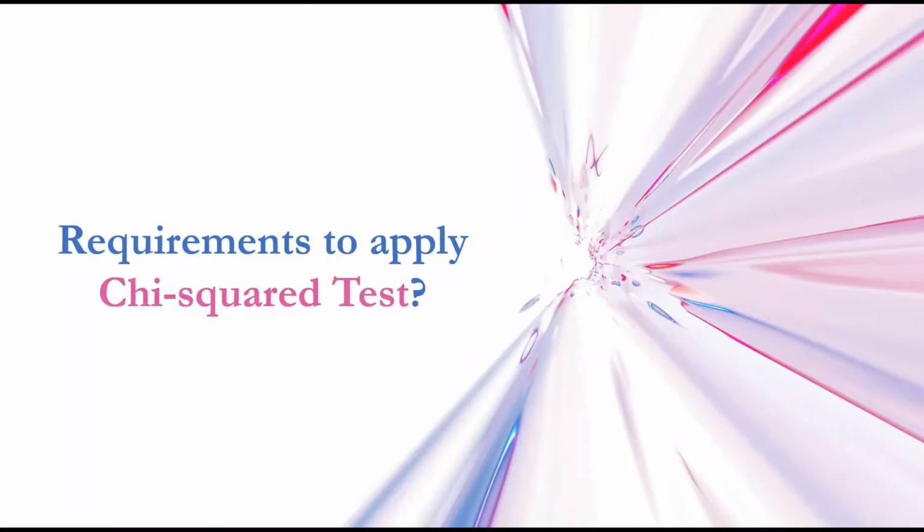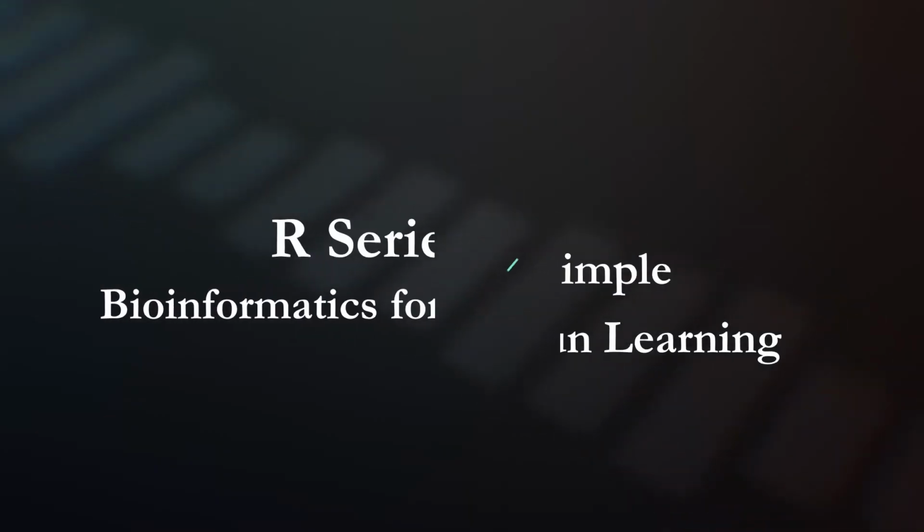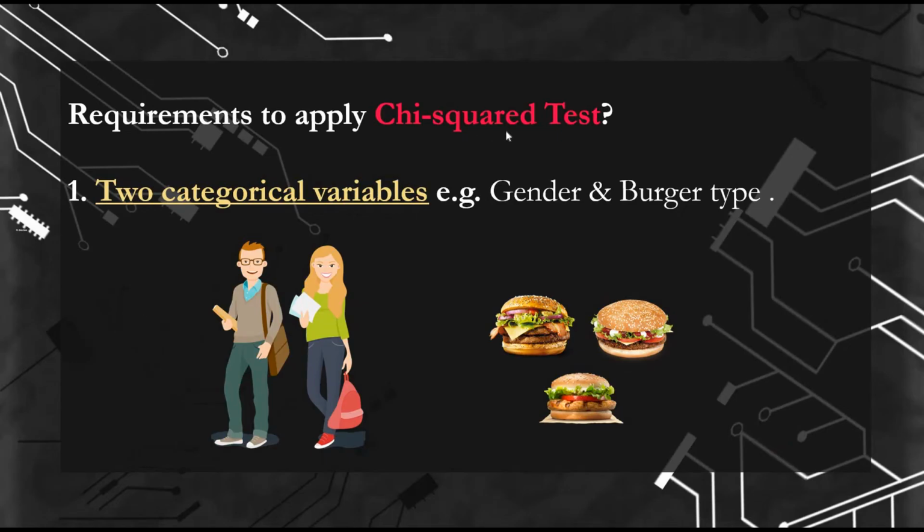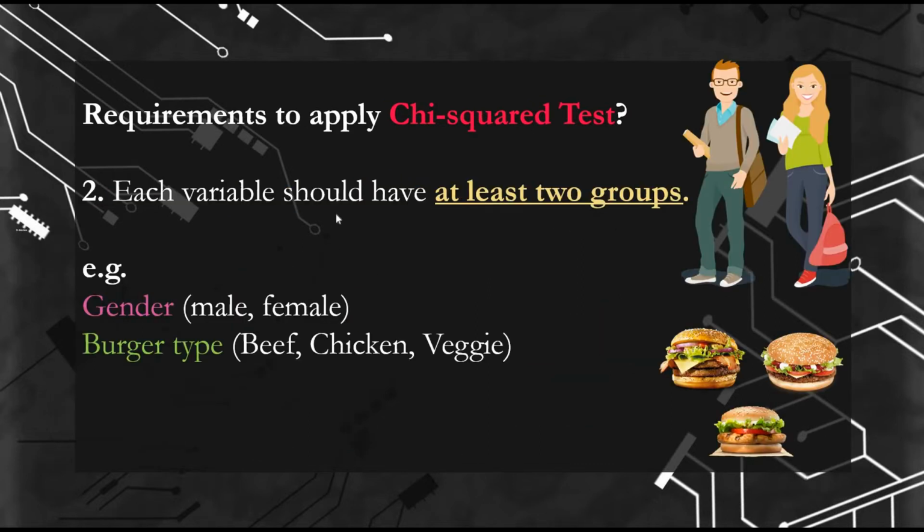We need to understand the requirements to apply the chi-square test. The first requirement is to have two categorical variables. We mentioned in our previous example, gender and burger type. The second requirement, each variable should have at least 2 groups. So you cannot have just male in gender. You need to have at least 2 groups, male and female.